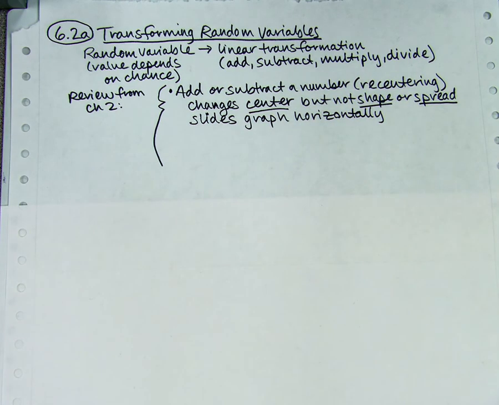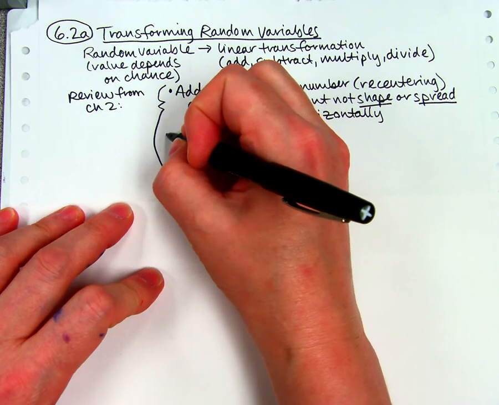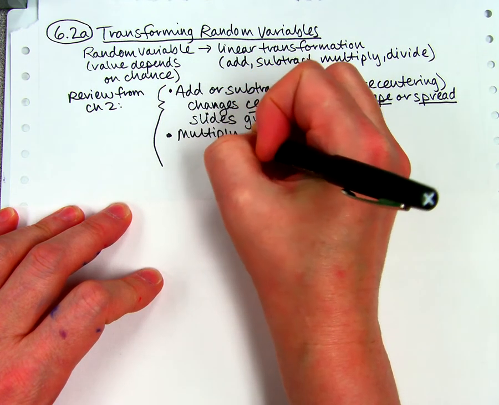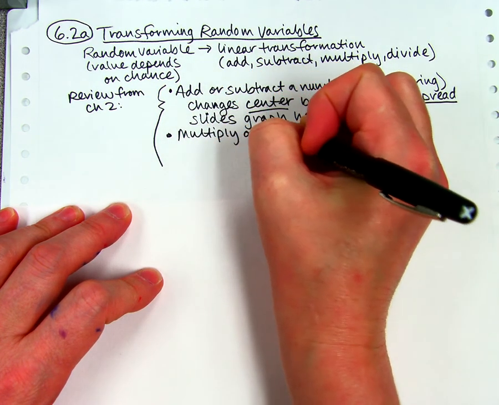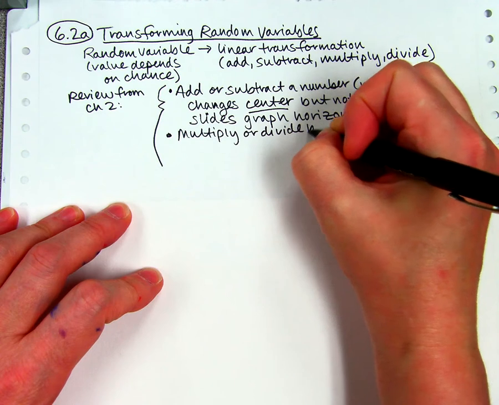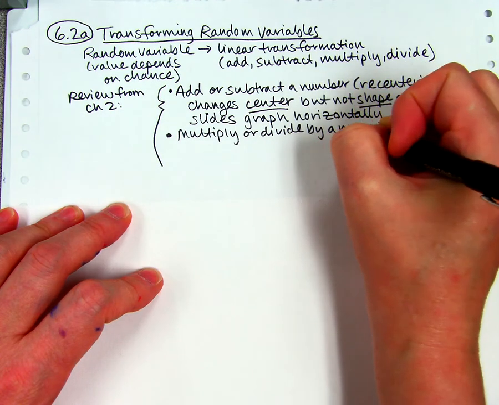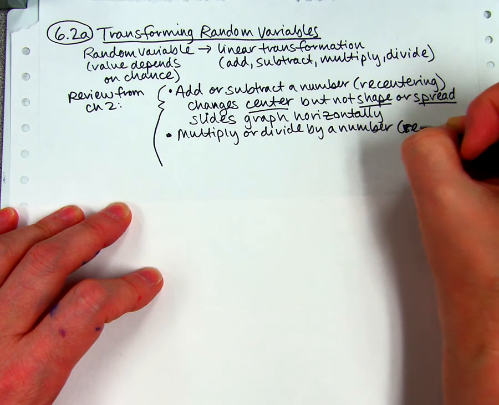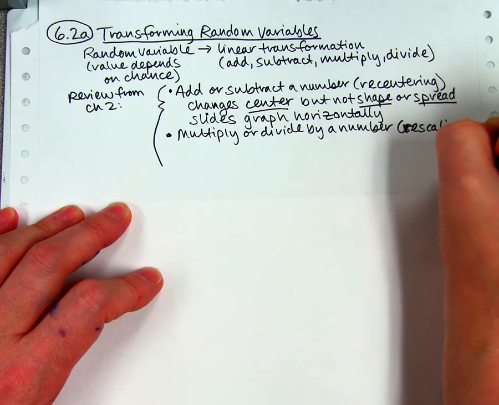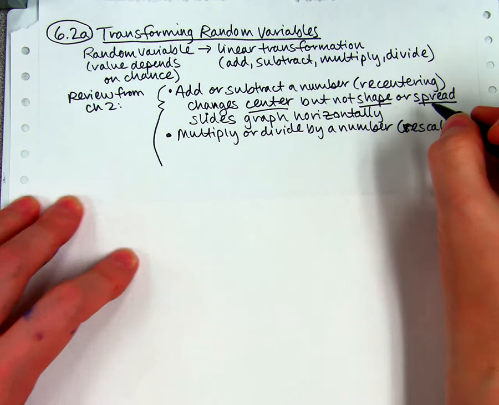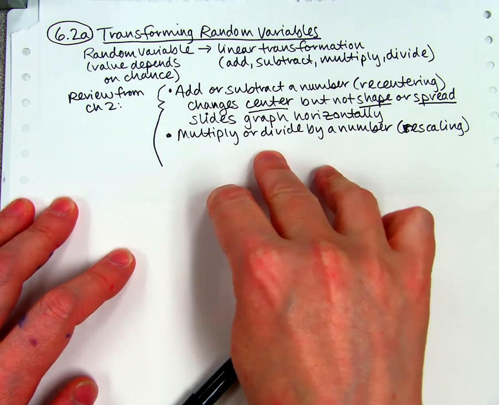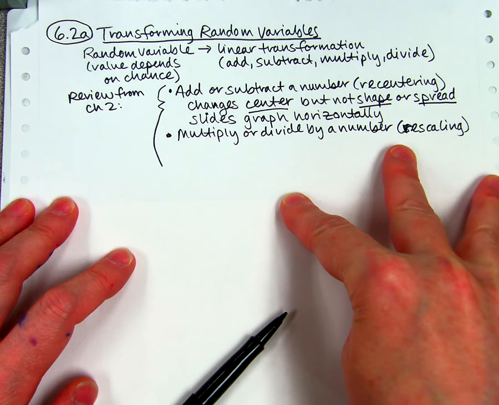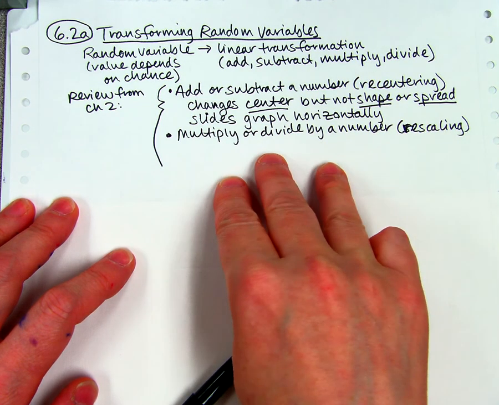And then we also talked in Chapter 2 about what happens if you multiply or divide by a number, which is also called rescaling. And as you might remember, if your 3 points are here and you do something like multiply, it stretches them out in addition to sliding them over.